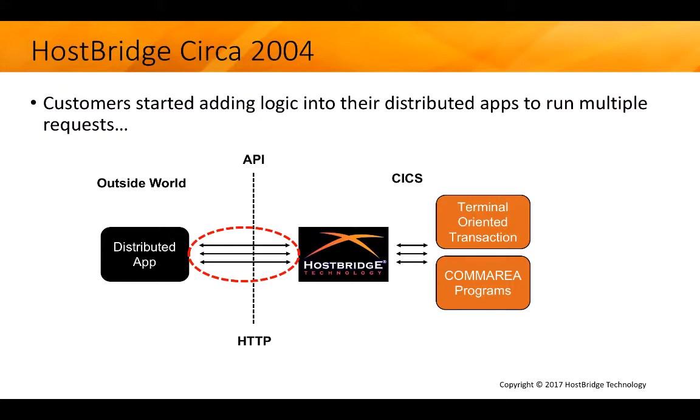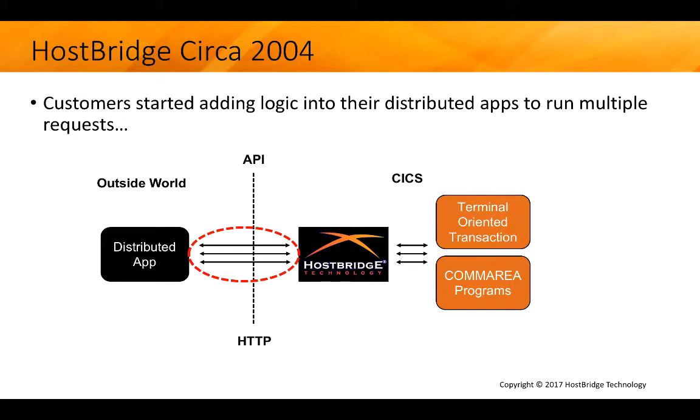So for example, imagine a financial institution that wants to provide you as their customer with a synopsis of all of your accounts on your mobile device or on a browser-based screen. Perhaps that distributed application might send one request in to get your checking account balance and get a response, then send another request in to get your savings account balance and get a response, and then maybe a third one going in to get a credit card balance and receive a response.